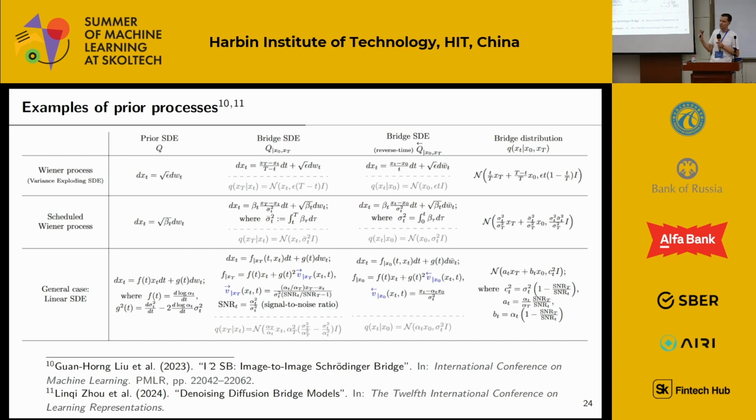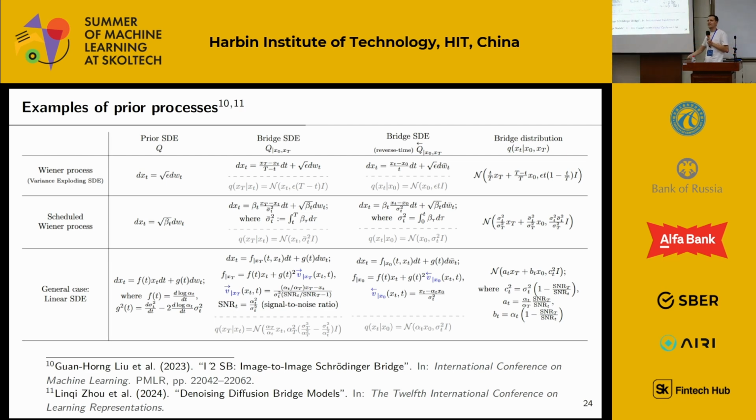So there are many examples of which prior processes can be considered for the bridge matching. The simplest and the most intuitive example, which in some limit case just boils down to flow matching, I will talk about it in a few slides, is the Wiener process.